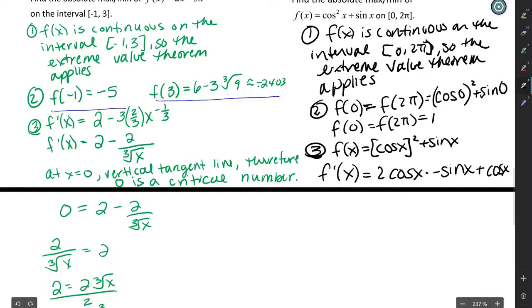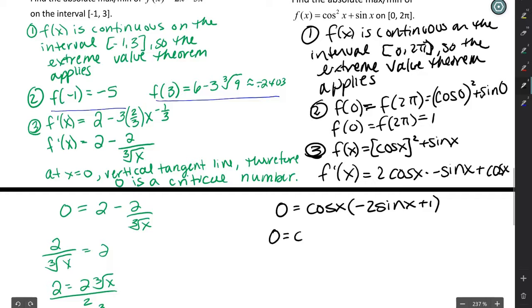I want to set this equal to 0, so in order to do so, I'm going to factor out a cosine of x. So 0 equals cosine of x times negative 2 sine of x plus 1.